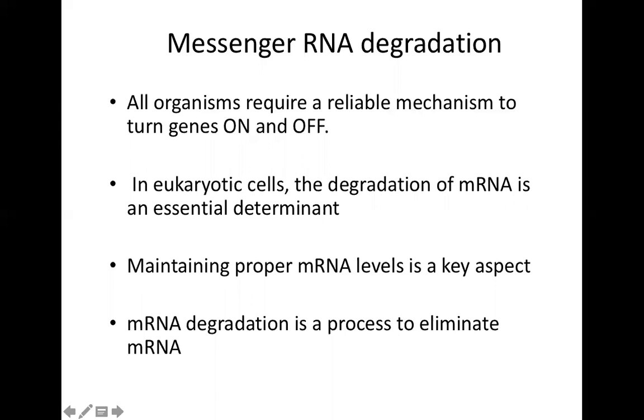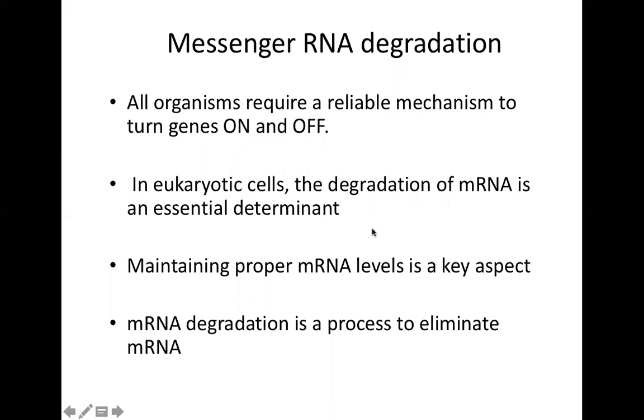So it has its own lifespan, and sometimes it gets a signal from somewhere else that this mRNA is not needed anymore, so it should be degraded. So in order to regulate how much a protein is synthesized, it depends upon multiple different things. And one of them is maintaining a level between the production of mRNA and the degradation of the mRNA molecule.